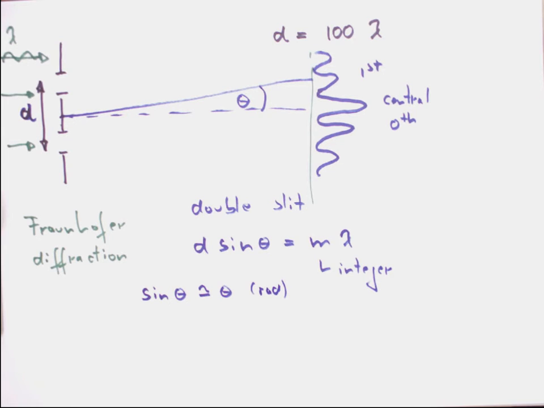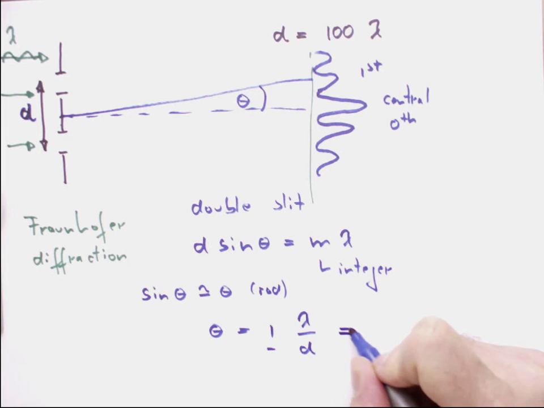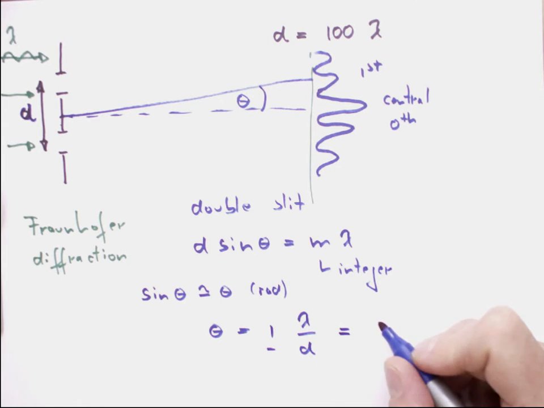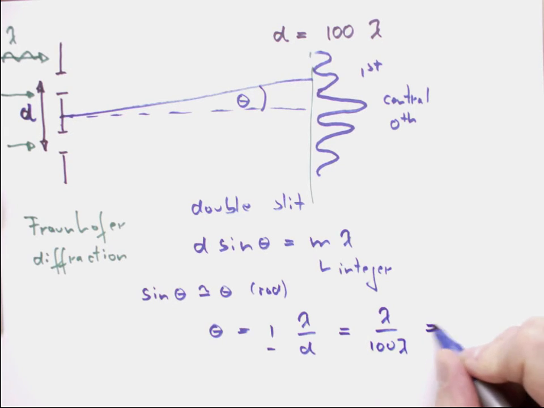That simplifies the equation, and we can isolate theta as being given by lambda divided by d, since we're dealing here with the first order maximum. We just have m equals 1, and we also know that d is 100 times lambda, so our equation becomes lambda on 100 lambda, and that's equal to 0.01. That's the first question of our problem answered.